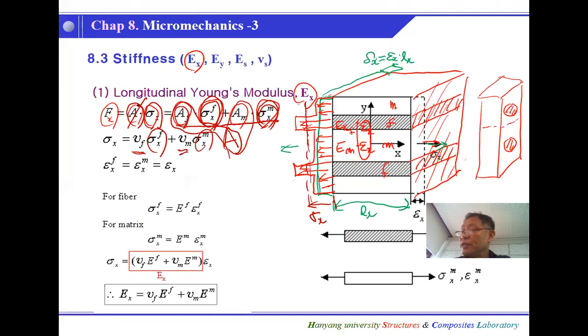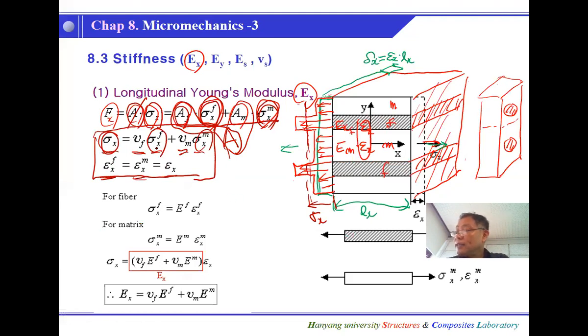These derivations and results will be different case by case, because this is the x-directional property. X-direction means fiber-directional stiffness. In this case, the ply strain will be uniform, but the ply stress will consist of fiber stress and matrix stress.